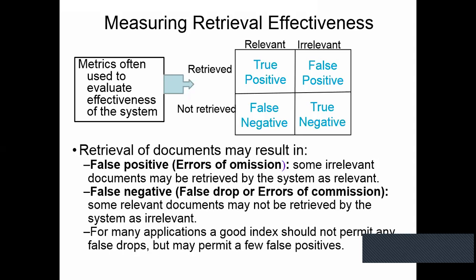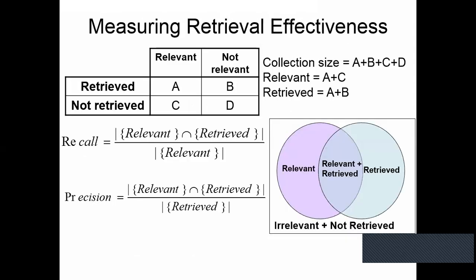But now, this is our confusion matrix when we are evaluating the performance of a retrieval system. Using the matrix, how many relevant documents are retrieved, how many relevant documents are not retrieved, how many not relevant documents are retrieved, how many not relevant documents are not retrieved. Then we can calculate the recall ability and the precision ability of the system.